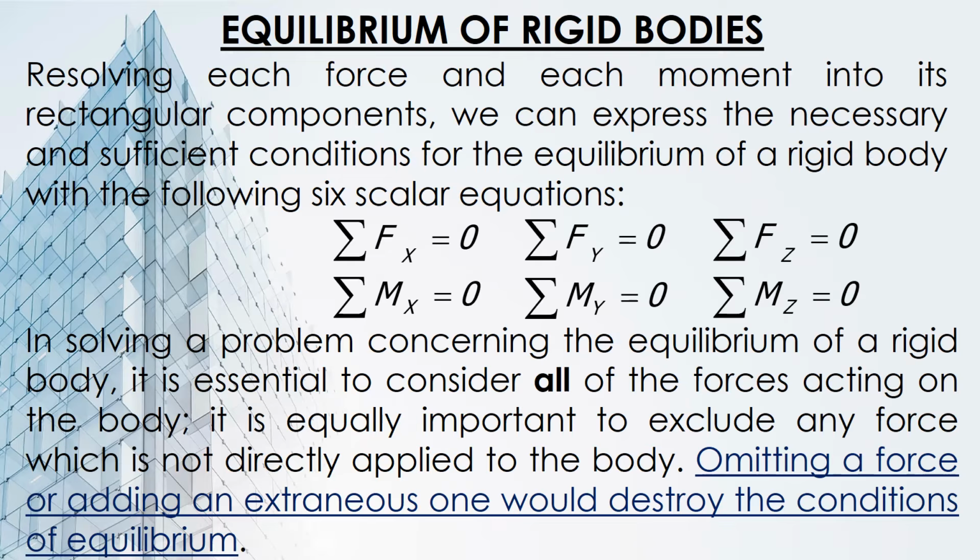Omitting a force or adding an extraneous one would destroy the conditions of equilibrium. Like, you add a force that is not connected to the body, or you forgot to include a certain force that should be included, then your analysis is wrong.